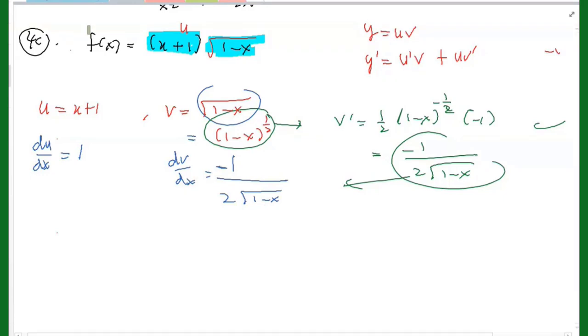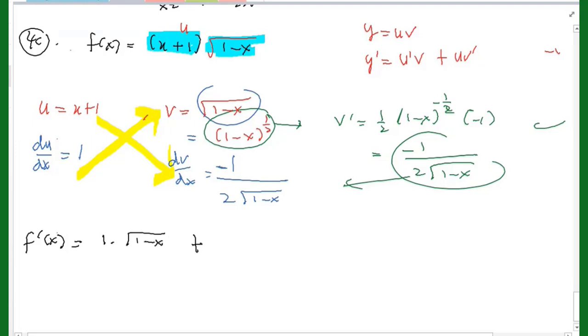So the next is to cross: this one times this and this one times this, like a cross multiplication. So using f prime: 1 times root of (1 minus x) plus (x plus 1) times negative 1/2 times (1 minus x) to the power negative 1/2.